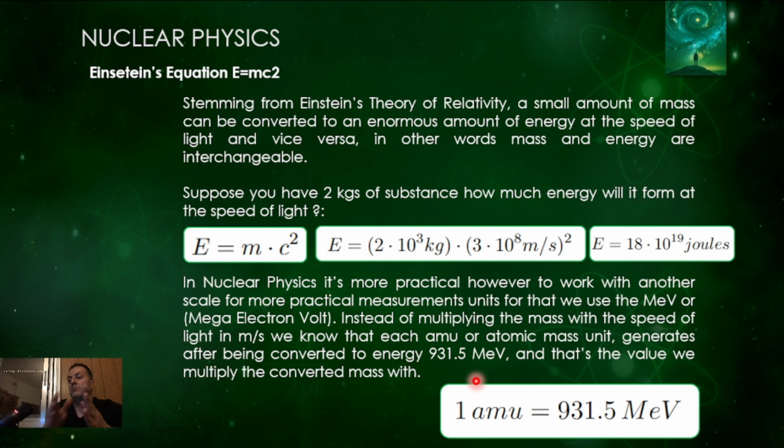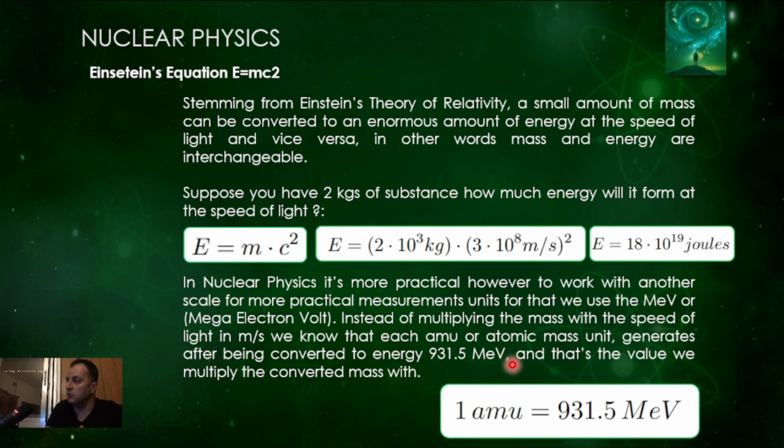So each 1 AMU converts to 931.5 mega electron volts.